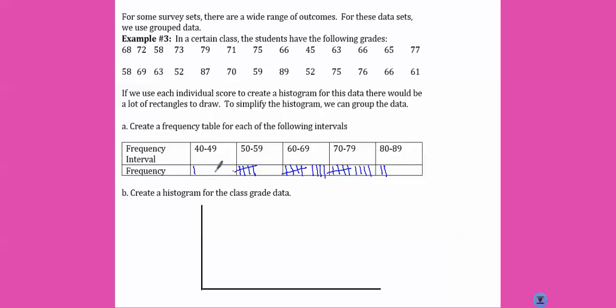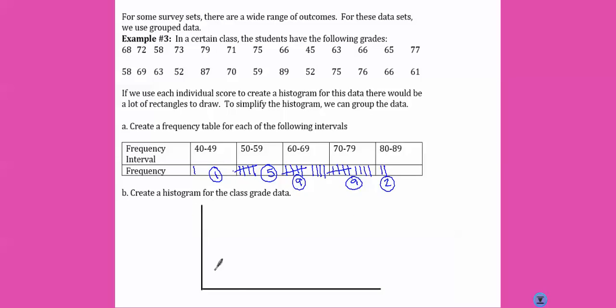So I have 1, 5, 8, oh nope, that's 9, 9, 9, and 2.